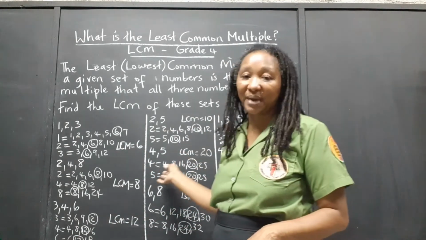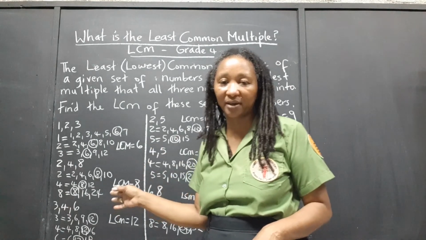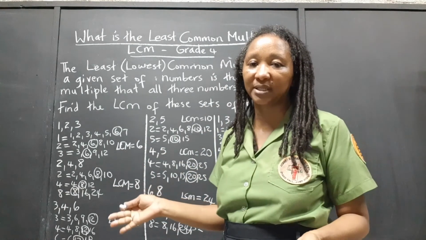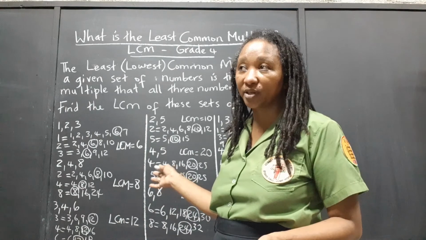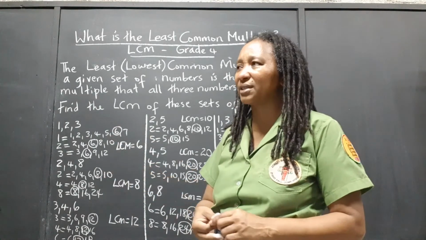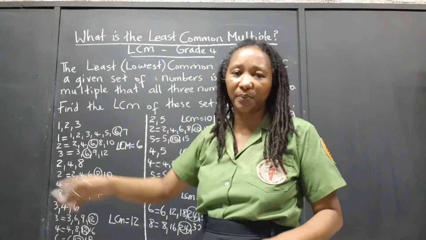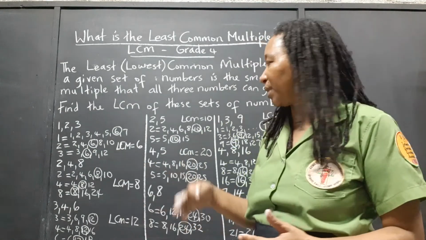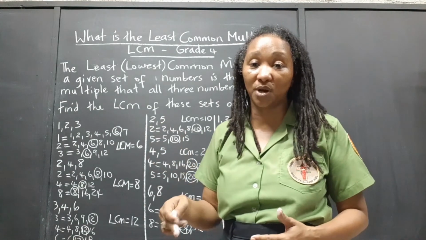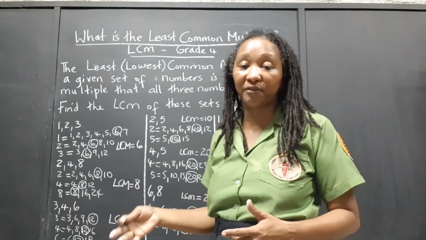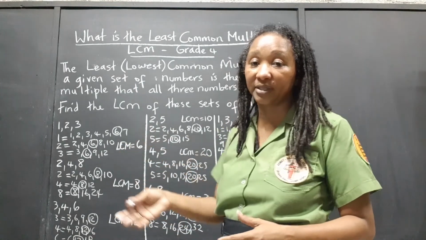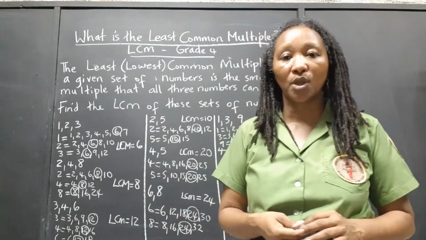And in this simple method, we just listed out all the multiples, or at least the first set. You don't have to list every single multiple, because at some point you're going to identify the least one, maybe pretty early. For some it will take a little longer to get the common ones, right?